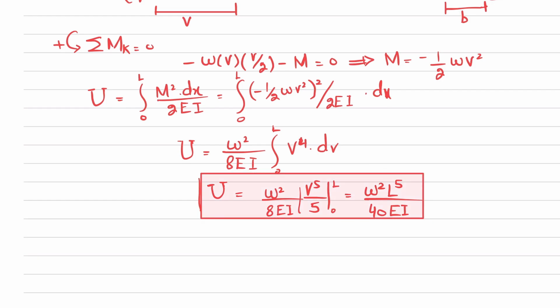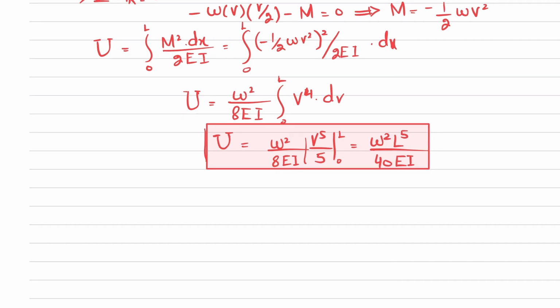Okay, now we know that moment is given as -1 over 2 WV square, and for maximum moment V will be equal to L. So maximum moment modulus will be equal to 1 over 2 WL square.